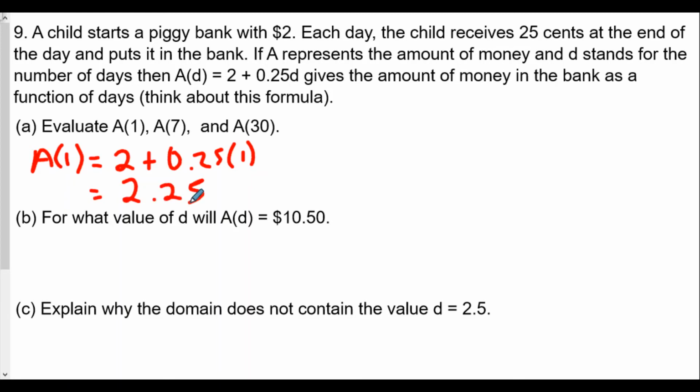That's the amount the child will have after 1 day. So A of 7 would mean how much the child has after 7 days: 2 plus 0.25 times 7.